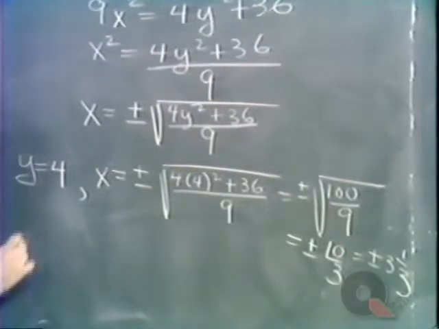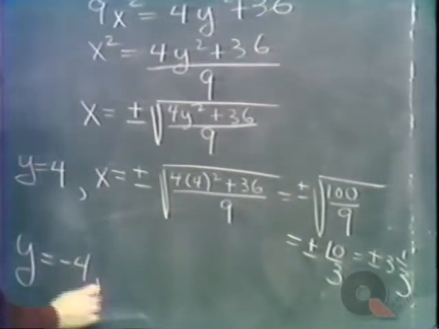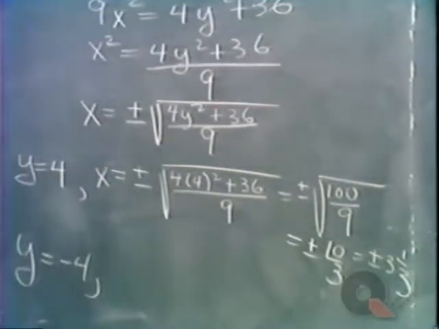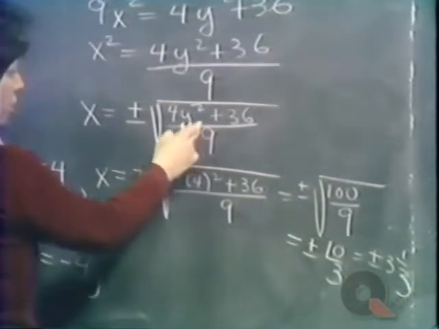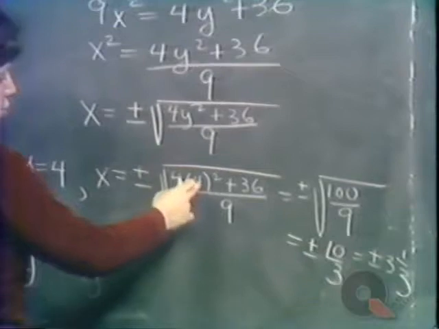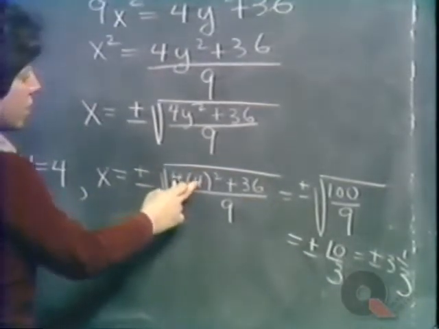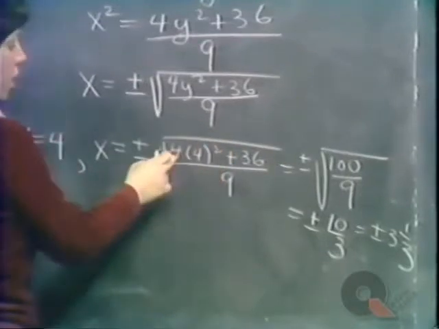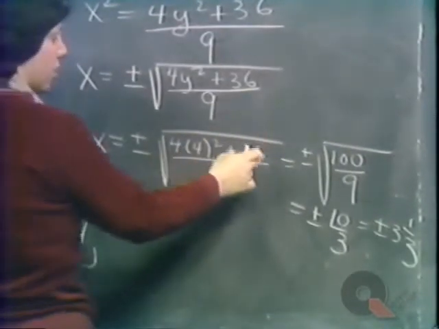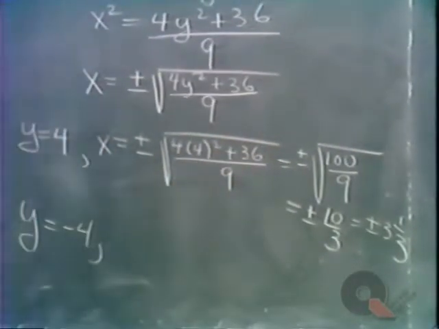By the way, if y were equal to minus 4, we would get exactly the same answer because we'd be substituting in minus 4. And, of course, once minus 4 got squared, it would also be 16 times 4, 64, plus 36, 100 over 9, the same thing.